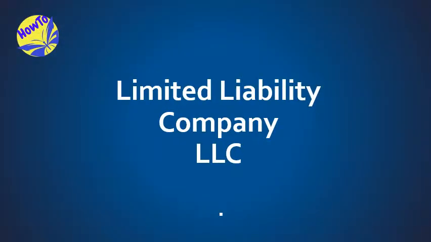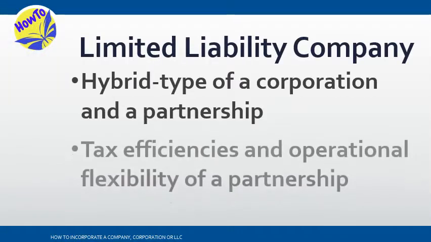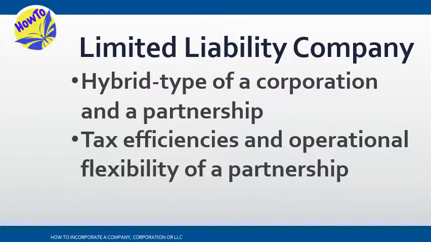The next form of business entity on our list is Limited Liability Company, also called LLC. An LLC is a hybrid type of business entity between a corporation and a partnership. It limits the liability like a corporation, but it's a pass-through entity, so it pays the taxes like a partnership.